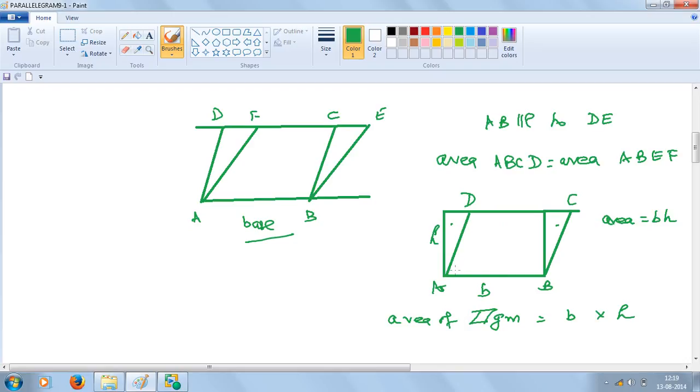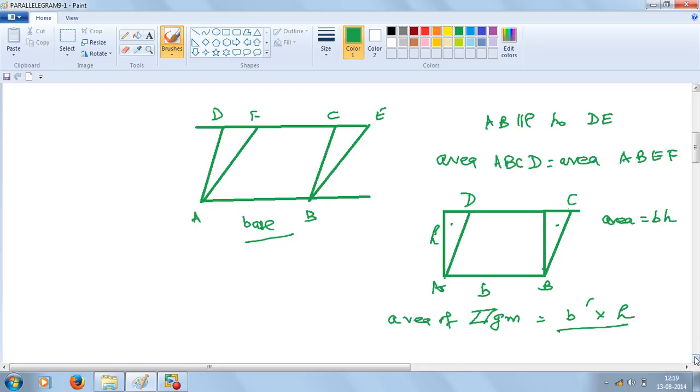In a parallelogram, base AB is equal to CD, and the height is common between these two. So the area of the parallelogram is also equal to base times height.